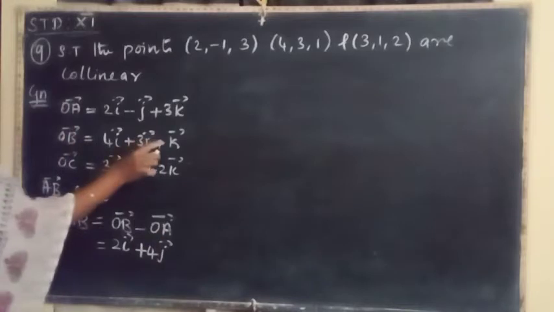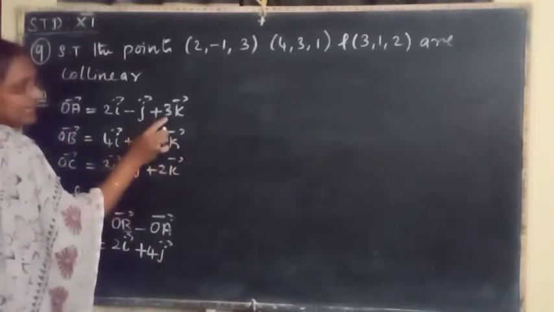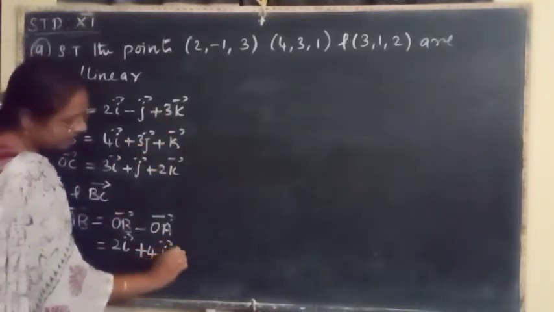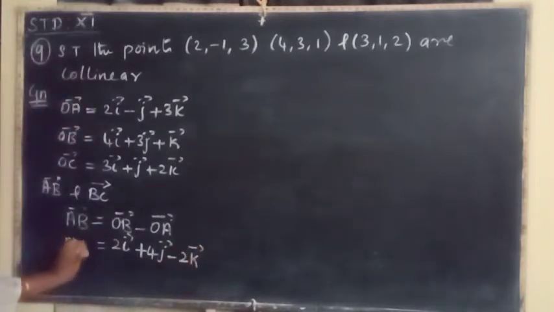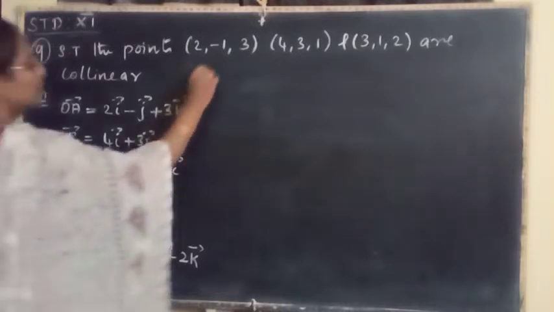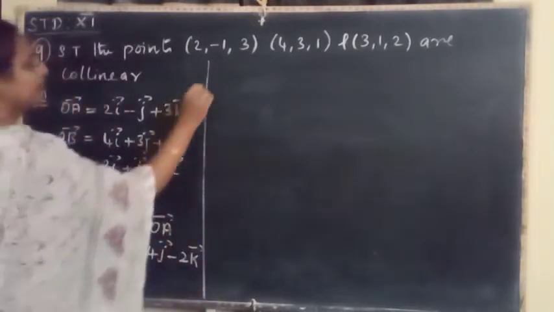Next, 1k minus 3k becomes minus 2k. Is it clear? So this is the value of the AB vector.